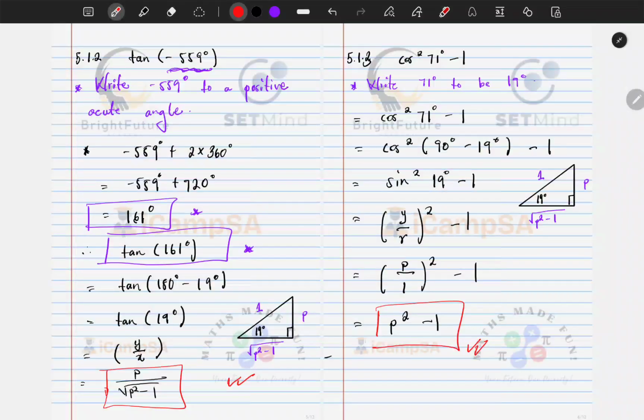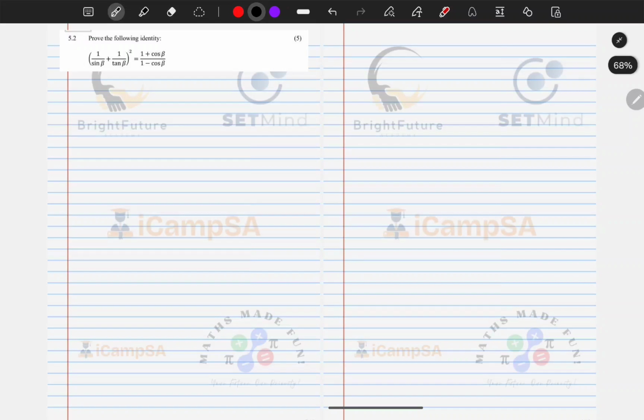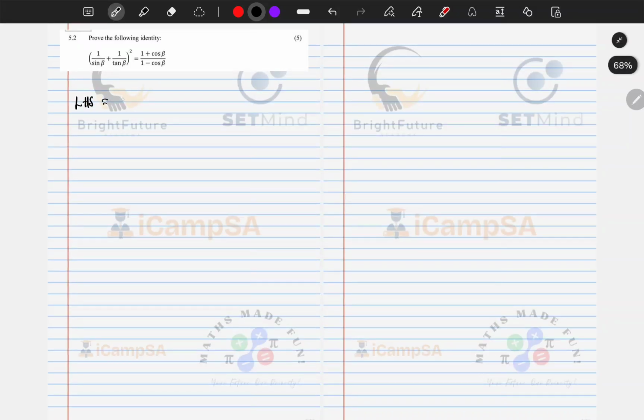Right. So now let's look at your 5.2. In this case, we need to prove the following identity. We are just going to work with the left-hand side, and we have 1 over sine of beta plus 1 over tan of beta, all squared.